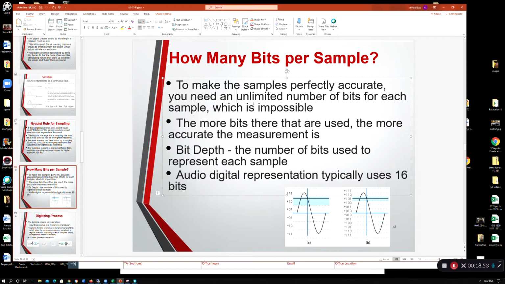But again, you have to come back to what is good enough for human consumption. 2 to the 16th is a lot, and probably good enough for human consumption, just the same way as the sampling, 40,000 is probably good enough. So remember, samples goes this way, bits is going this way. Basically, how accurate do you want to be? Try to remember those concepts.